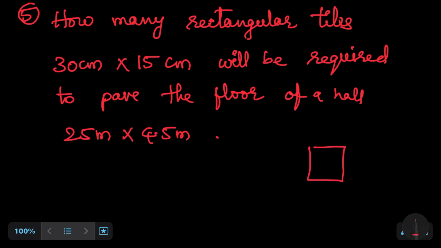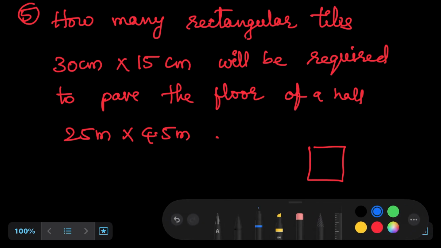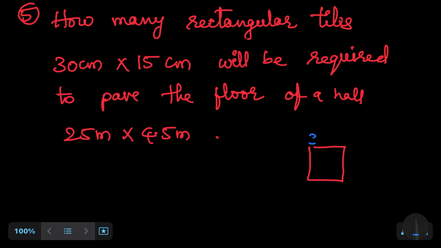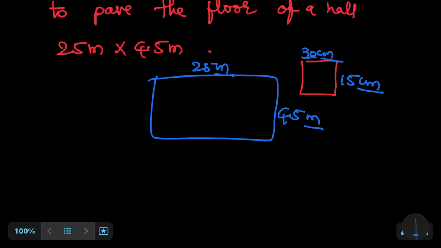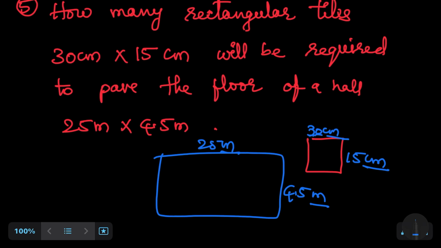The tile is one measurement, the hall is another measurement. The tile measurement is 30 centimeters and 15 centimeters. The hall measurement is 25 meters, 4.5 meters. One is in centimeters, the other in meters. Okay, we can convert, then find out how many rectangular tiles are required.